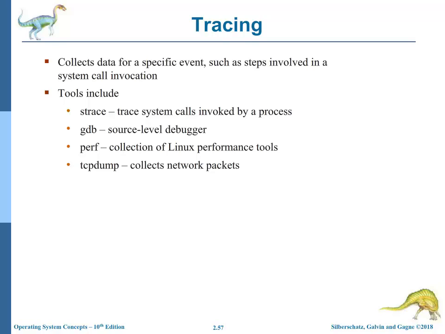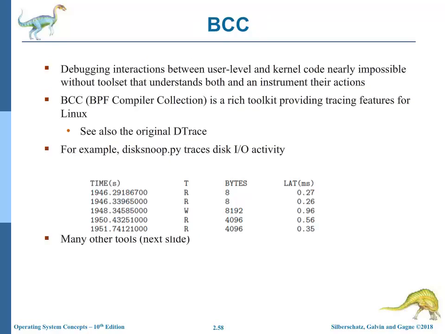This tool helps to debug programs written in C, C++, etc. PERF is a collection of Linux performance tools. TCP dump is widely used as a network packet sniffer. BCC is a toolkit for creating efficient kernel tracing and manipulation programs, and it includes several useful tools and examples.